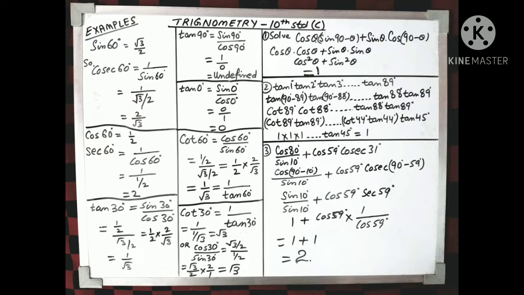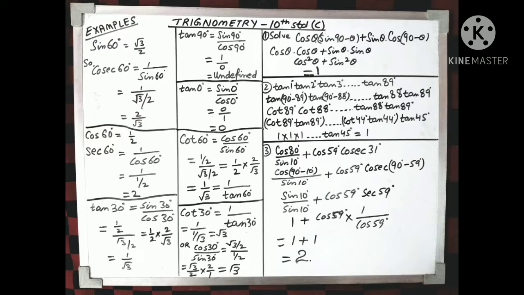See the next one, it is very interesting. tan 1 degree, tan 2 degree, tan 3 degree, and so on multiplied till tan 89 degree, right? So what we do here is that we convert tan 1 degree as tan(90 minus 89) degree, tan 2 as tan(90 minus 88) degree, tan 3 as tan(90 minus 87) degree, and so on.